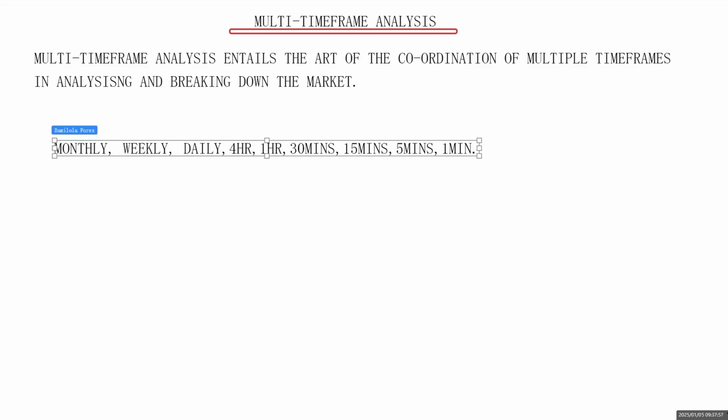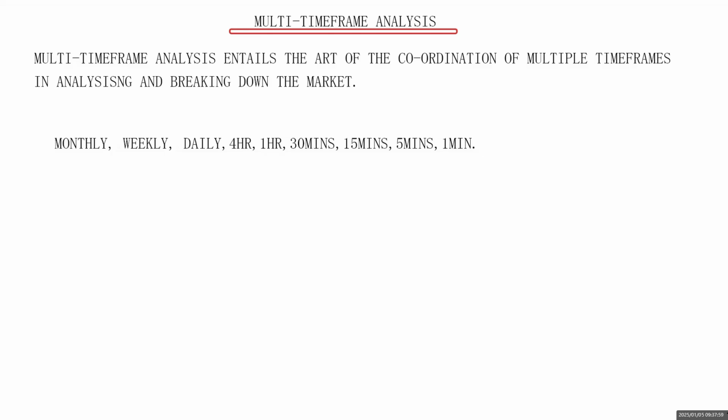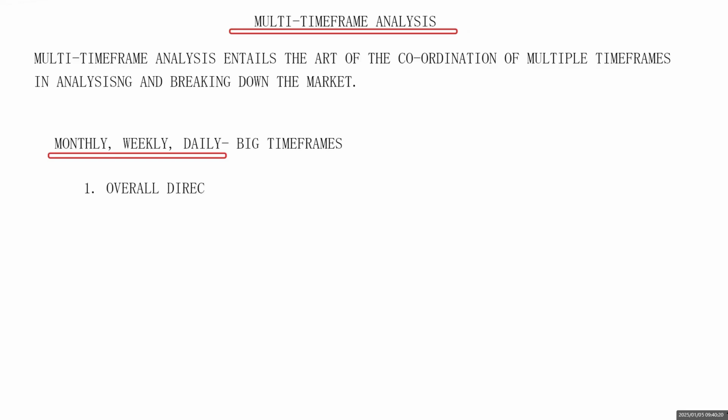First of all, let's start with the monthly and the weekly and the daily. These 3 time frames are known as the big time frames. The big time frame allows us to see the overall direction of prices. Let's go ahead and write that out.